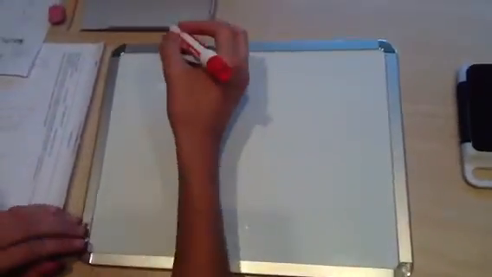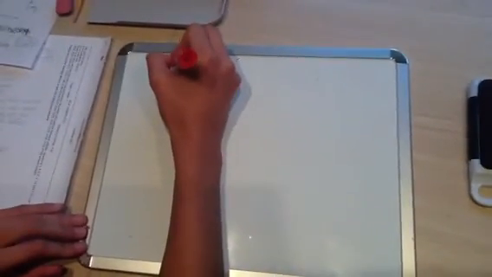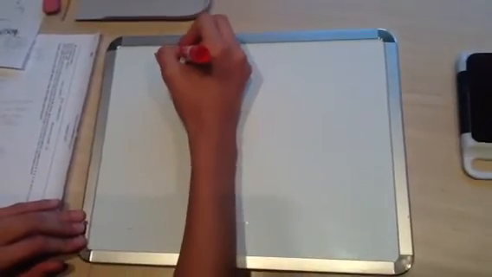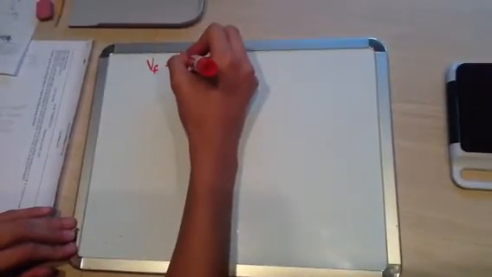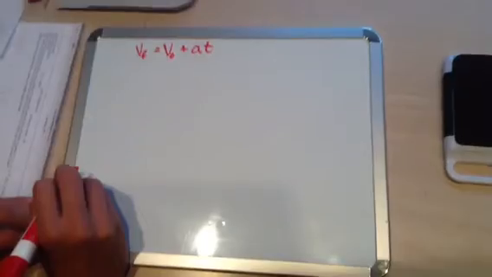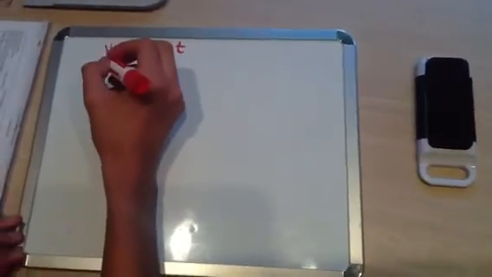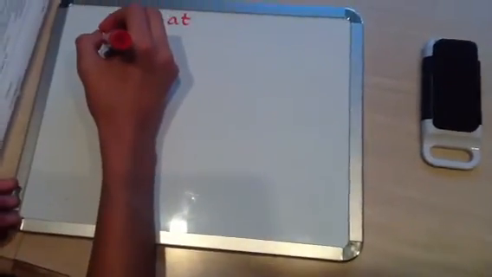And for the fourth part, we're asked to find the time that it takes to get to the maximum height. Now in the previous part, we found time by using v final equals v initial plus at. We know that the first part is equal to 2 seconds, so we can just add 2 seconds to the time we solve for.